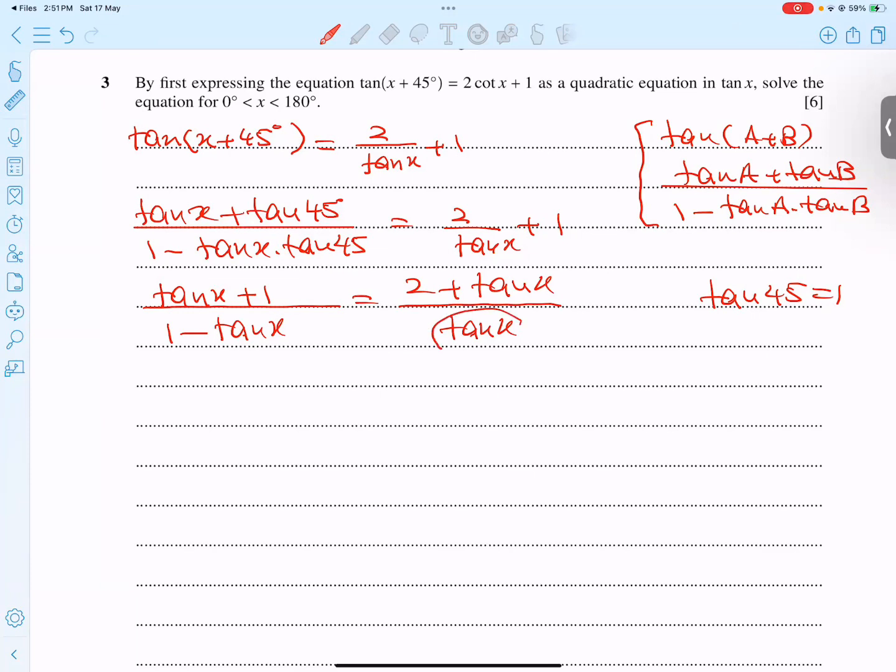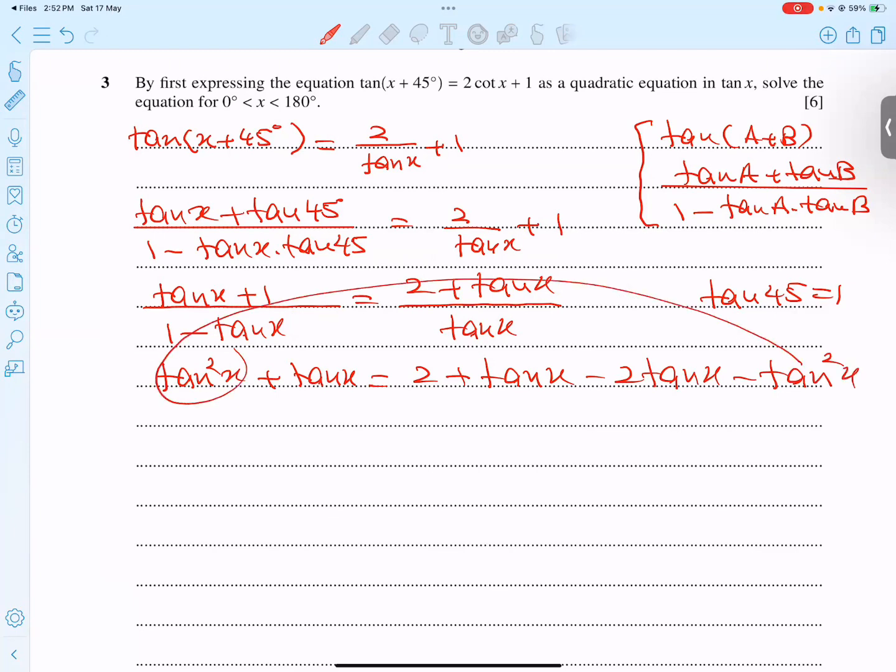Now this is multiplying with both. I'm getting tan square x, and tan x. Now this multiplies with that. So be careful, 2 ones are 2 and a tan x. Now negative 2 tan x and negative tan square x.